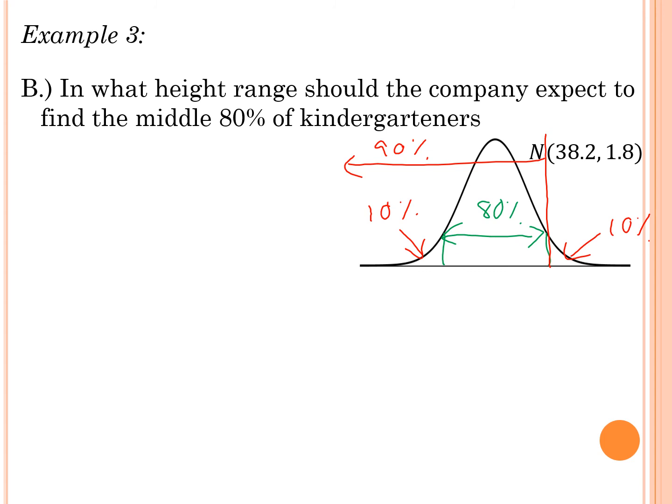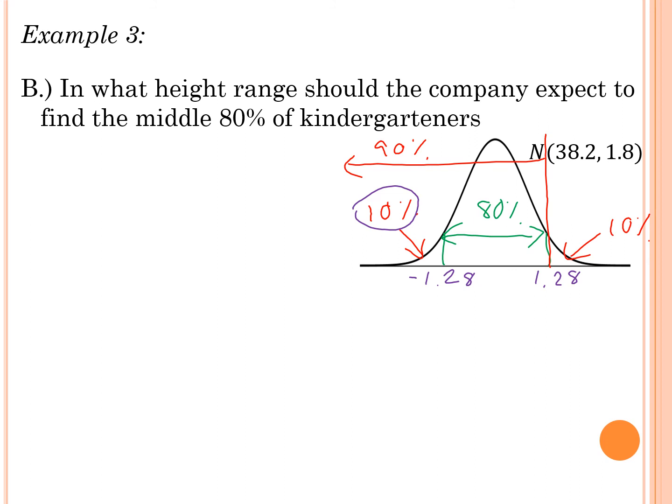So we would go to our table and look up either one of these values, because if we find one, we found the other one. It's a symmetric curve. You're looking for the closest thing that we can find to 10%. Here we would get negative 1.28. If you looked on the other side, look for 90%, we find positive 1.28 is the closest z-score to that area.